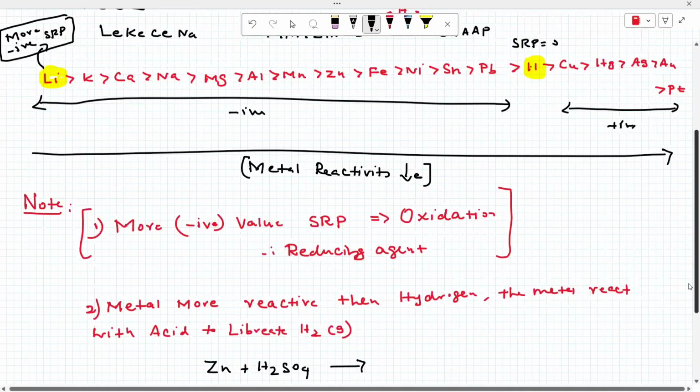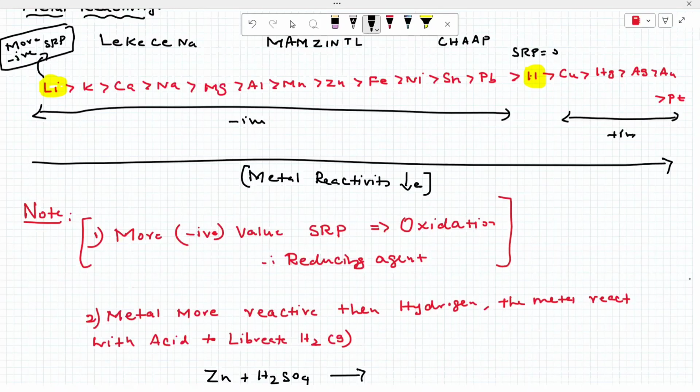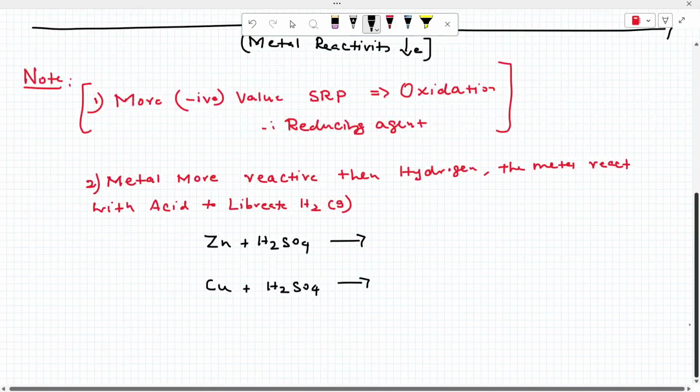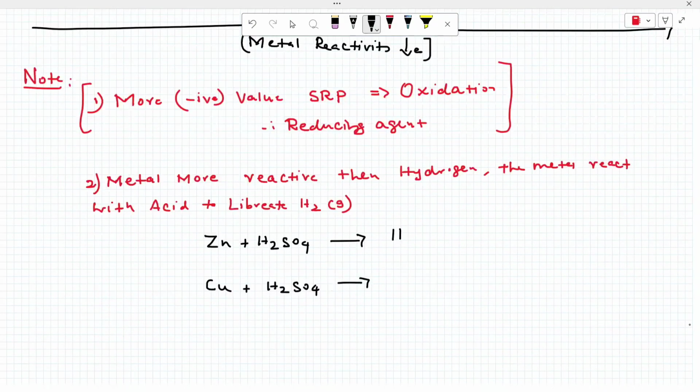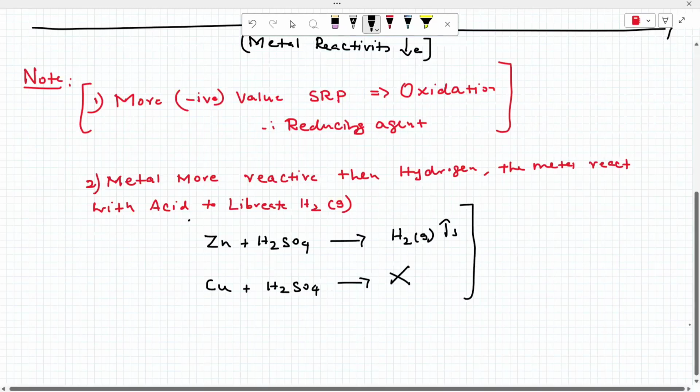From the reactivity series, which has the more negative value of SRP, copper or zinc? Zinc, good. Therefore, zinc reacts with sulfuric acid and can release H2 gas. Yes or no? But in the other case, there is no possibility. So that is one property of the metal.